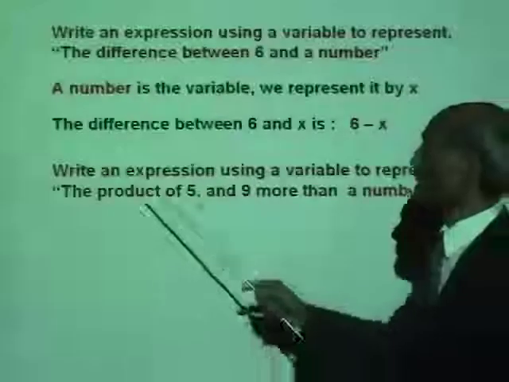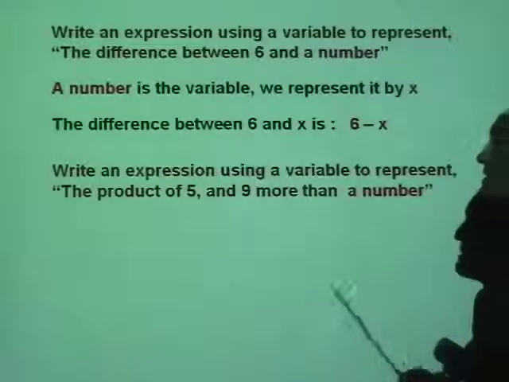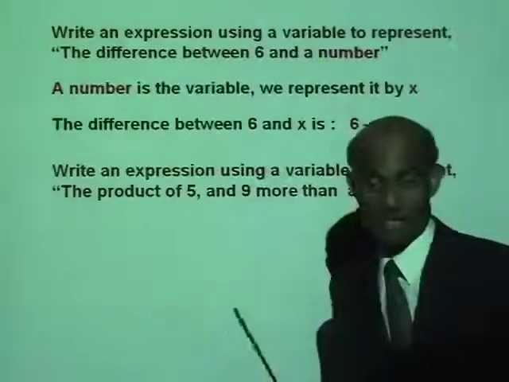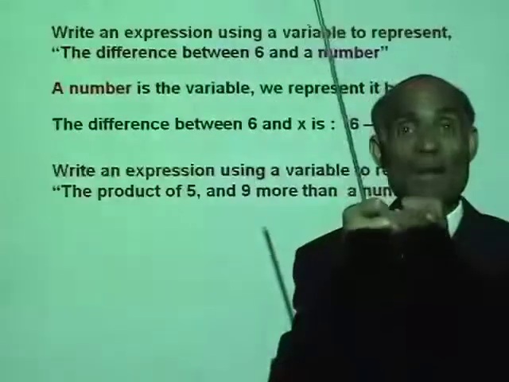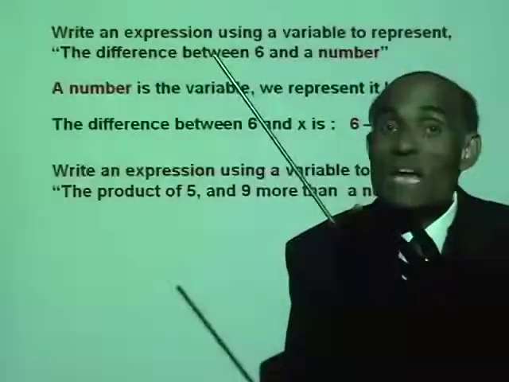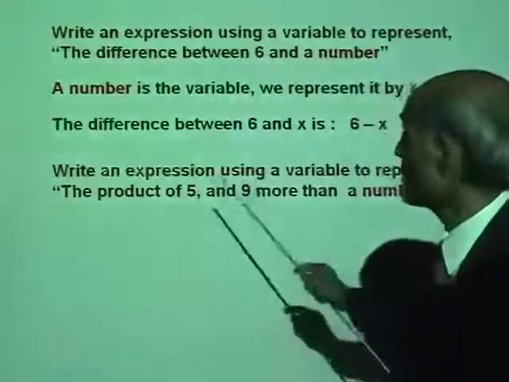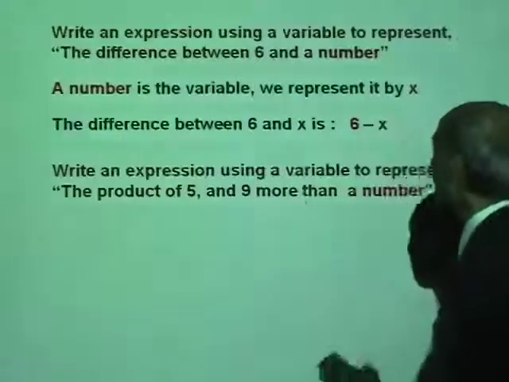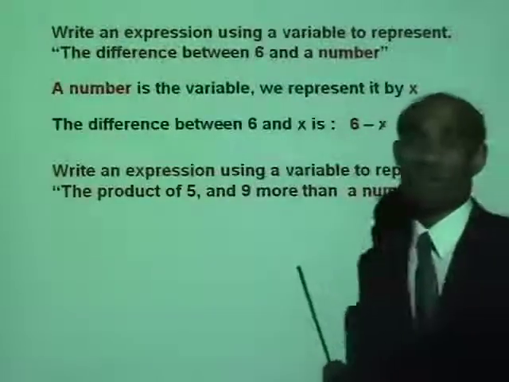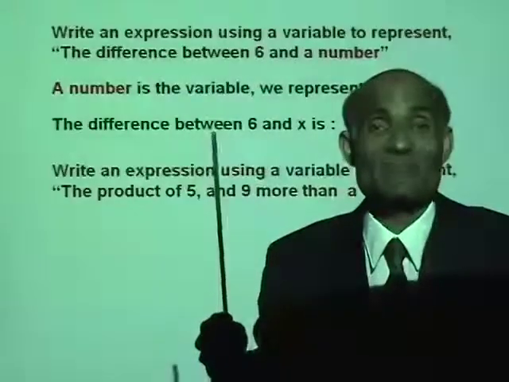Another one. Write an expression using a variable to represent the product of 5 and 9 more than a number. What is the meaning of a product? Product means multiply. Sum means add. You see, you have two things to multiply here.